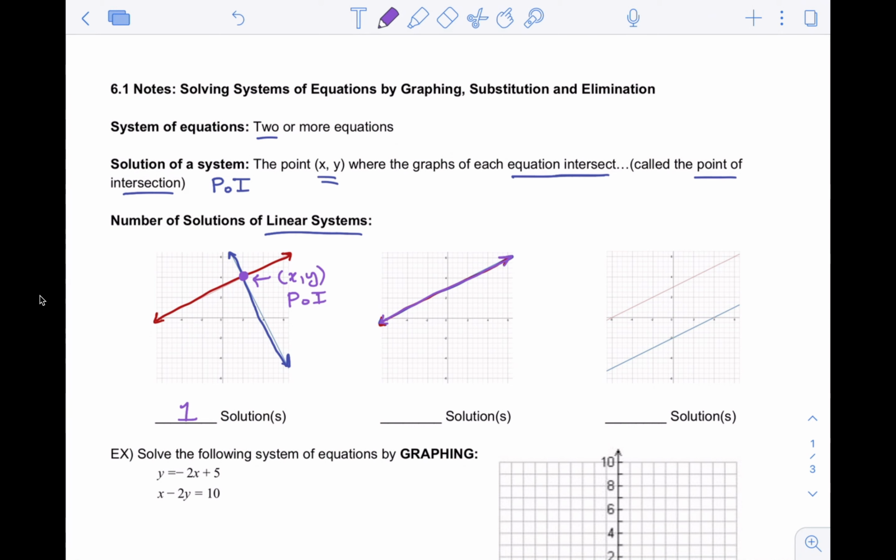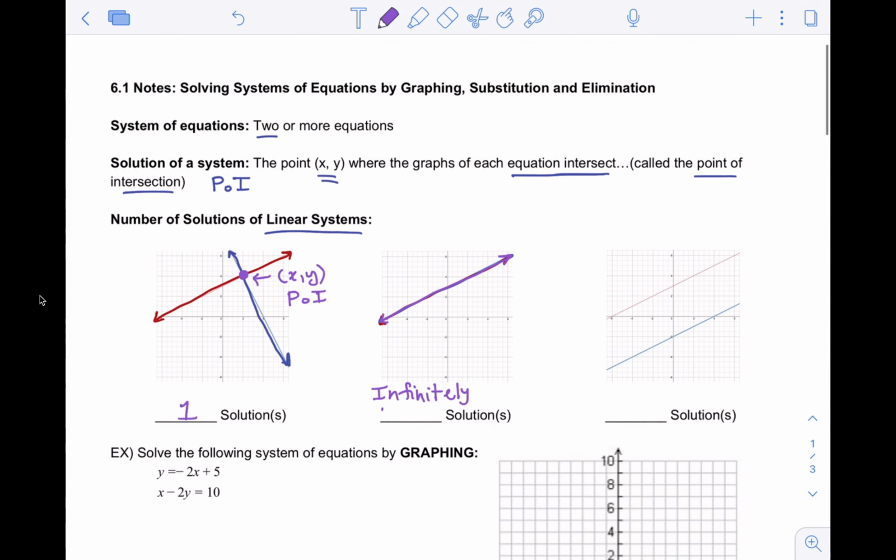There are actually an infinite amount of solutions because there are an infinite amount of points on that line where the two graphs intersect, where the two graphs touch. So we're going to call this infinitely many solutions, or IMS for short, because there are literally an infinite amount of solutions.